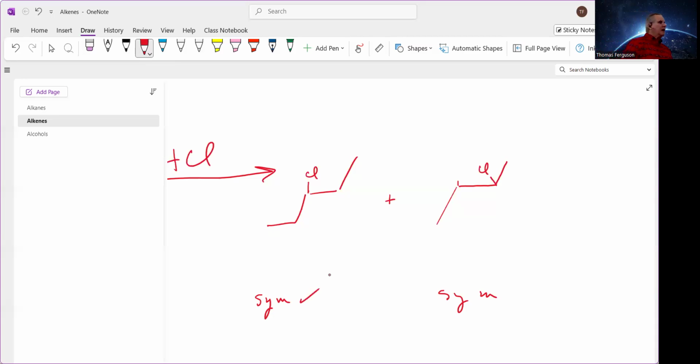What about terminal hydrogens? How many hydrogens do we have here? Three hydrogens on the end, three hydrogens there. Three hydrogens here, three hydrogens here. So Markovnikov, who wins there?